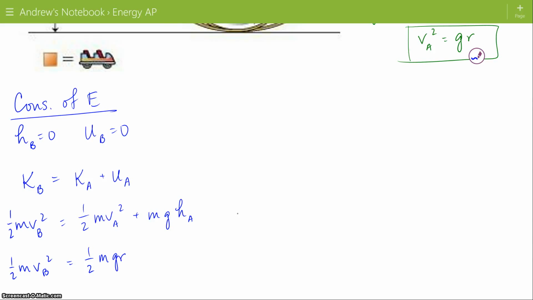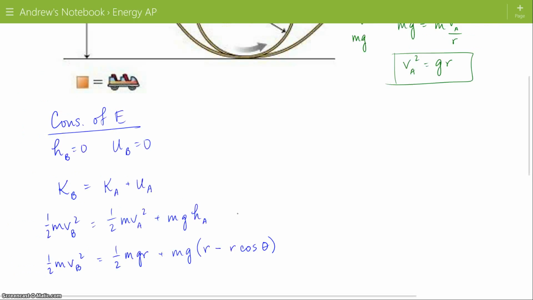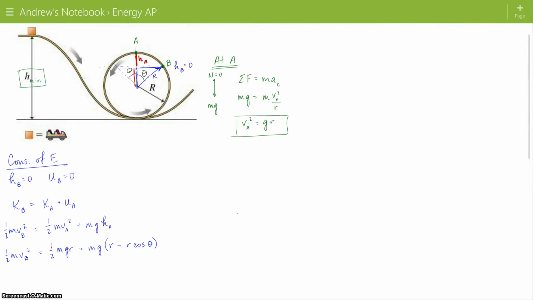So I'm going to go ahead and plug gr in there, plus m times g times, in here, I'm going to do a little substitution. The height at point A is going to be the total radius of the circle minus the radius times the cosine portion of that triangle. Okay, I'll let you zoom out and see that.